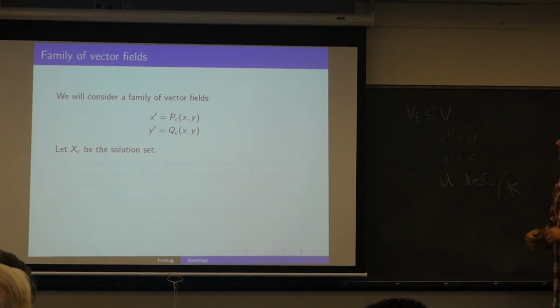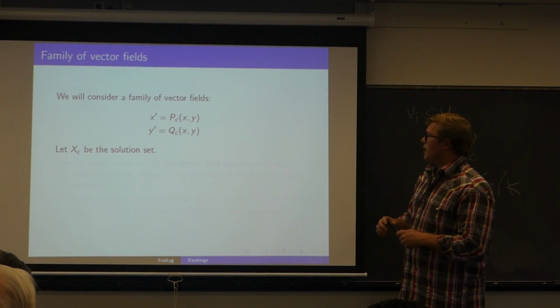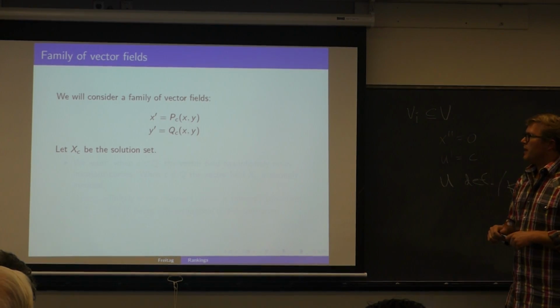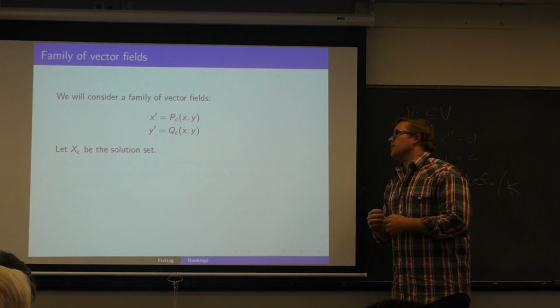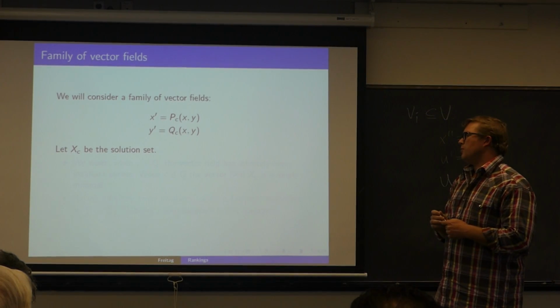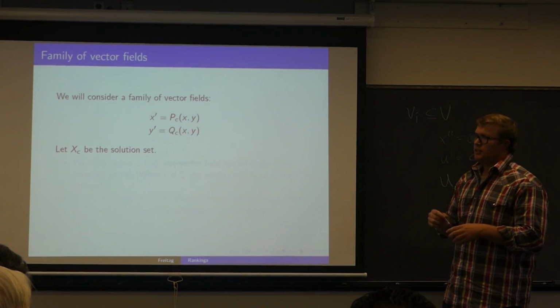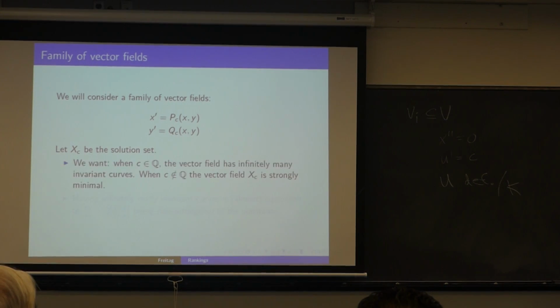I'll tell you how I came to find such an example. I'm going to consider a parameterized family of vector fields, just like before, and I'll let XC be the solution set. Here, P and C are either polynomials or rational functions in 2 variables over the complex numbers, and C is ranging over the complex numbers. So it's something simple.